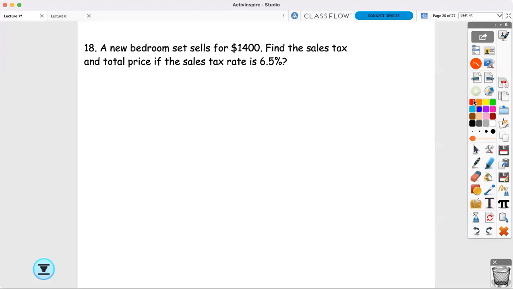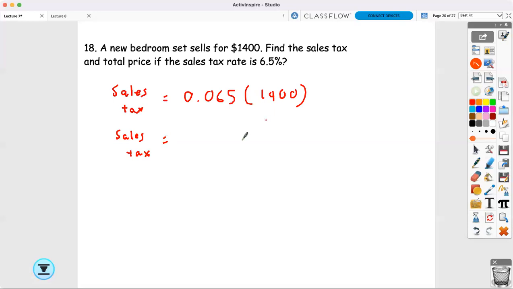We already gave you the formula for both, so I'm not going to rewrite those. So I'm going to find the sales tax first, which is 6.5% as a decimal, 0.065, times the purchase price of 1,400. Multiply those two, and we get, let me get my calculator, $91 even.